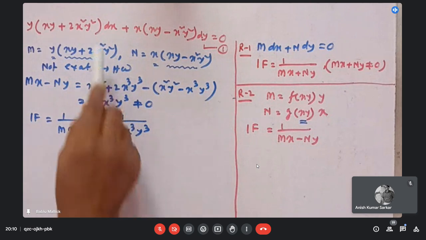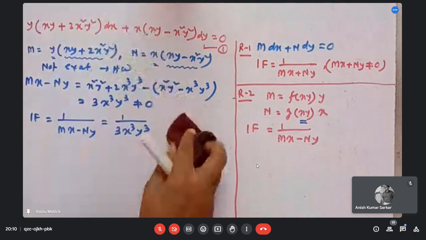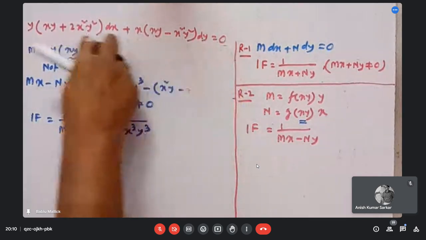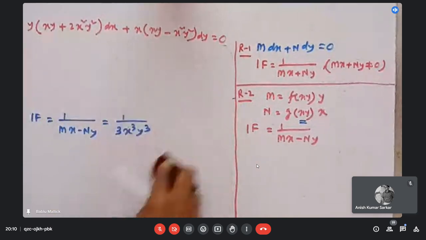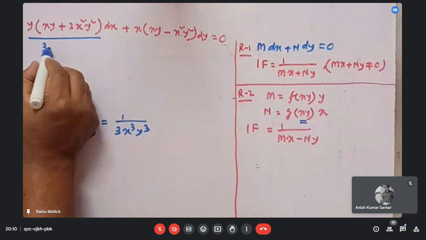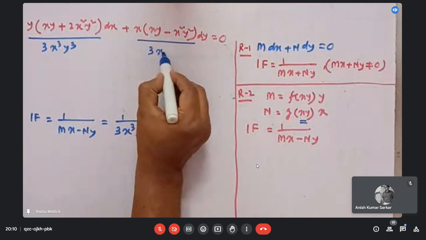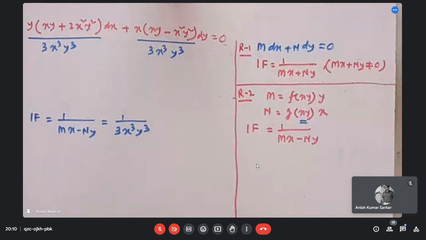So now I shall multiply by the integrating factor. Write it. Multiplying by the integrating factor, we get this divided by 3x³y³, and this will be divided by 3x³y³.